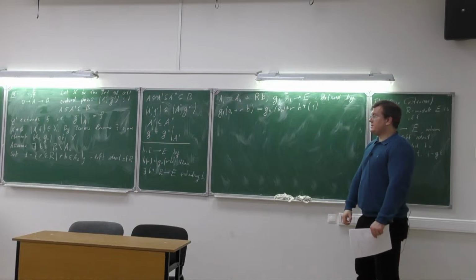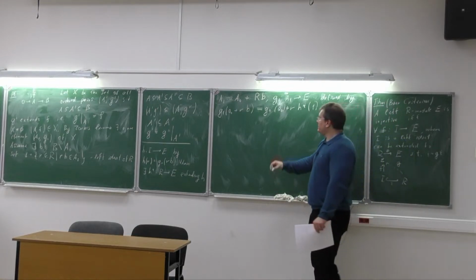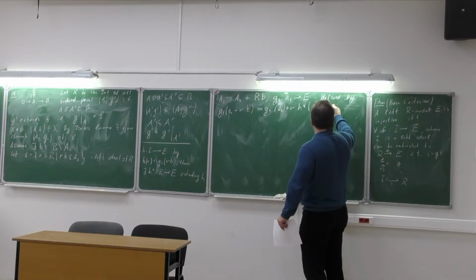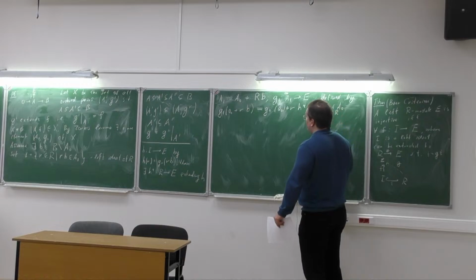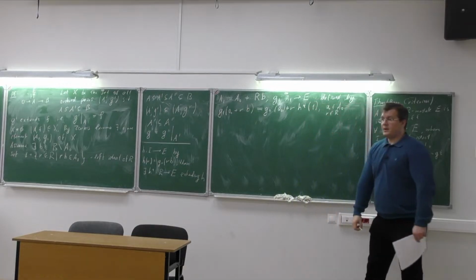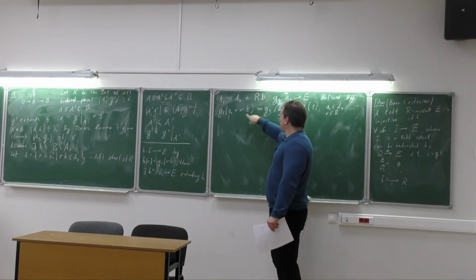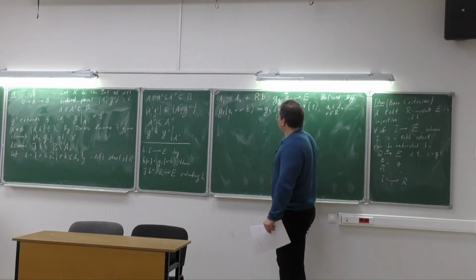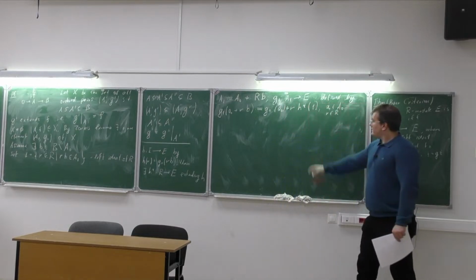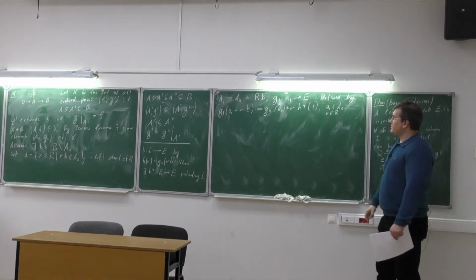Clearly, a0 is in the A0 and r is in the ring and b is a fixed element. So any element in this module looks like this, and by definition G1 is this sum of two maps, up to this r.